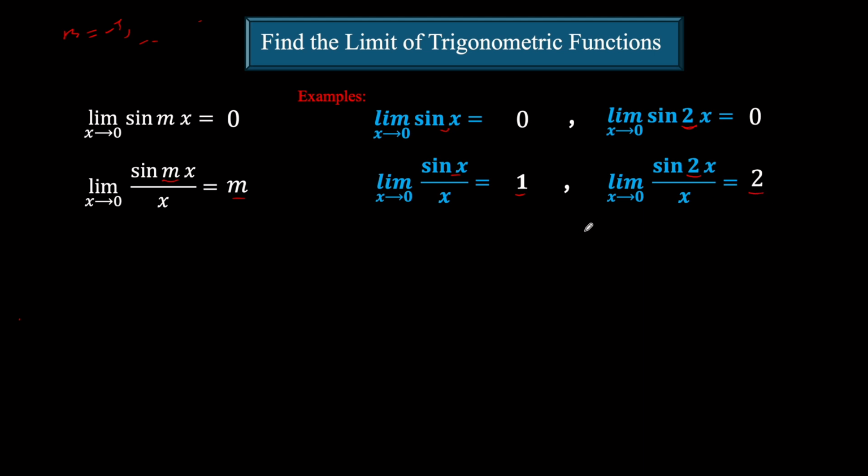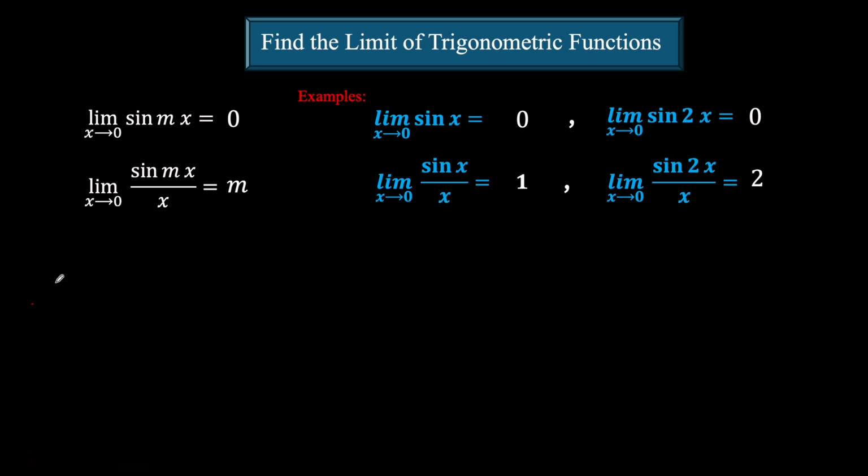Here 2, here is 2. But for example, if you have limit as x approaches 0 of sine of 2x over 2x, when you have the same angles, 2x and 2x, this is equal to 1 directly.